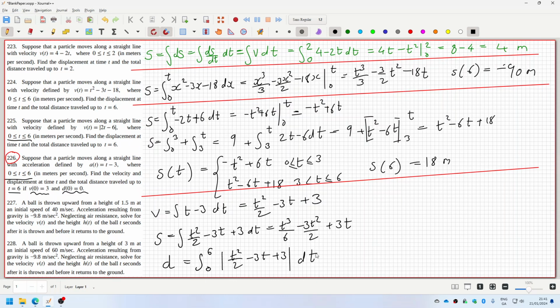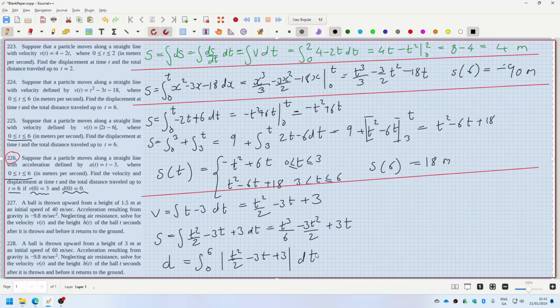So, oh dear. It crosses the x-axis twice. Oh, they've made this question so difficult. Okay, I'm going to clear it off and do it fresh.